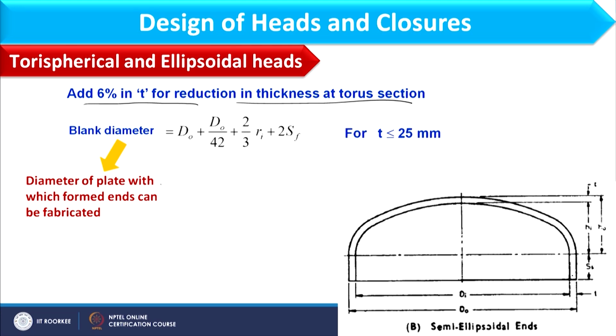That would be equal to D naught plus D naught by 42 plus 2 by 3 Ri plus 2 SF. SF is basically the straight part which is beyond the curved section. For T less than 25 mm we will use this expression, otherwise we will use this expression.